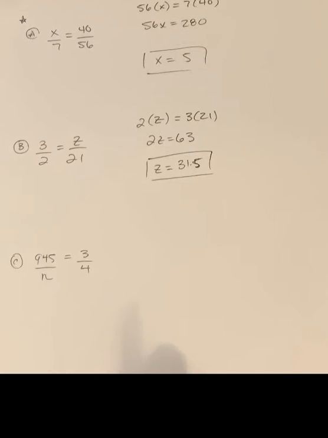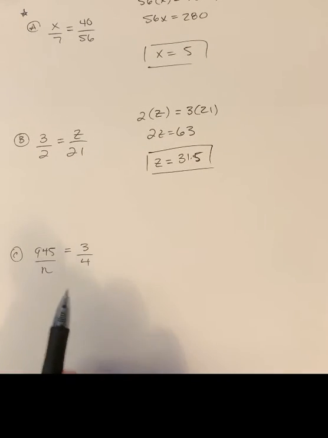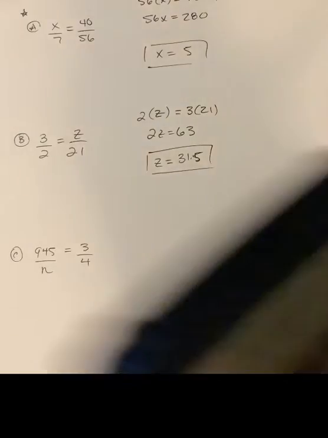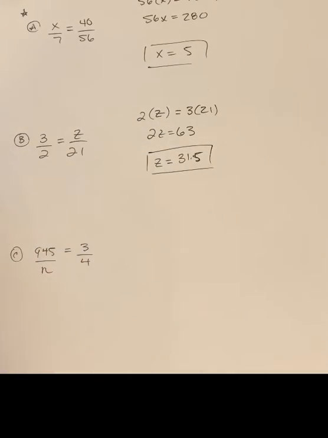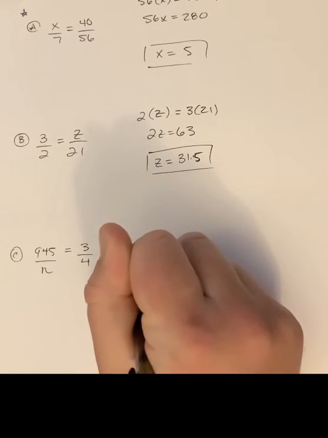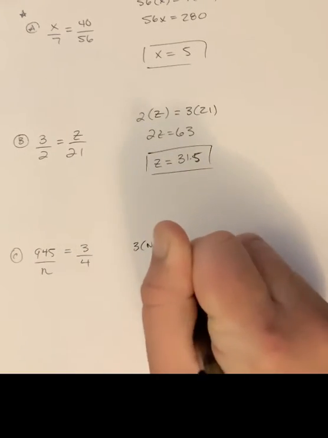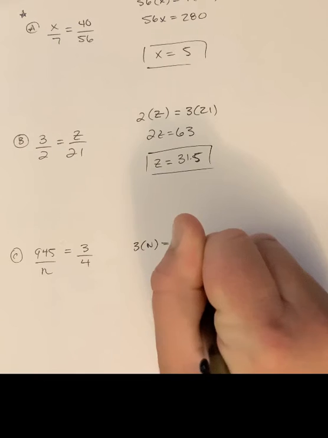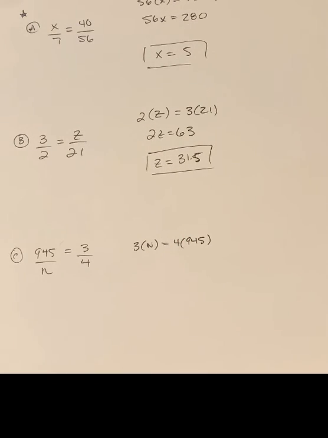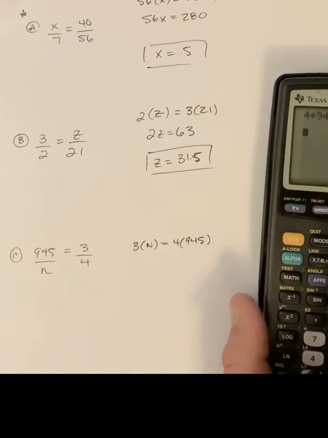All right, one last quick one. 945. If I saw one like this, I would just go straight to the calculator. Don't waste a lot of time trying to do some mental math here. So 3 multiplied by n is going to be 4 multiplied by 945. Let me put that in the calculator where you see it.